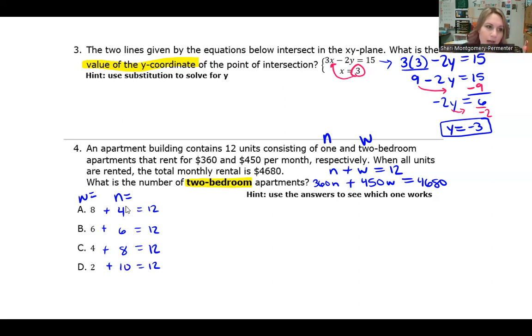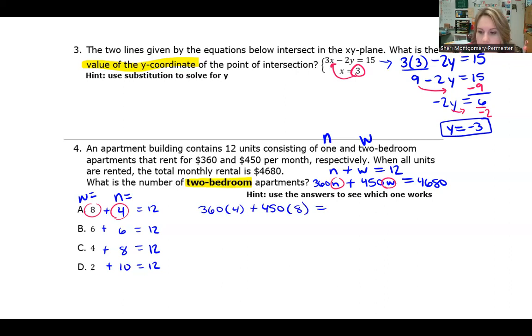So now we have our 2 values that we're going to take and plug into my money equation. And I'm going to keep doing this until I figure out which one gives me $4,680. So for the first one, I got to be careful because the W is listed first and then the N. So it will be 360, and I got to put the 4 in first, and then the 8 in second.